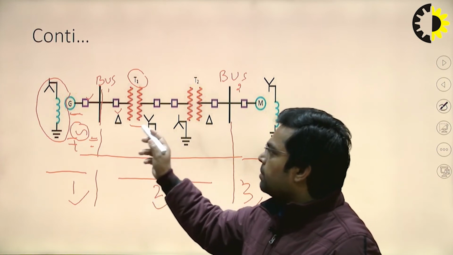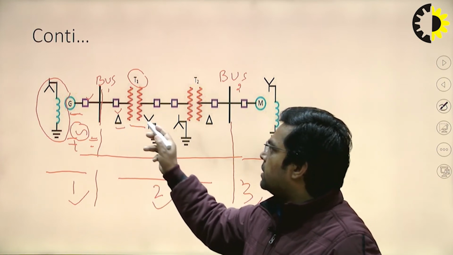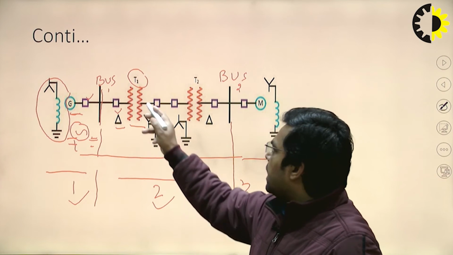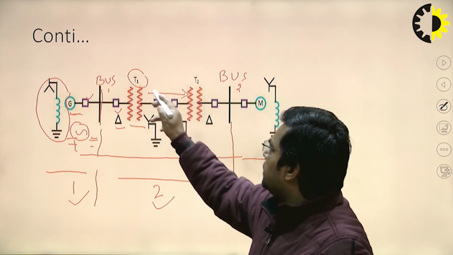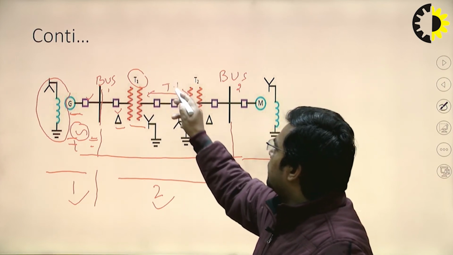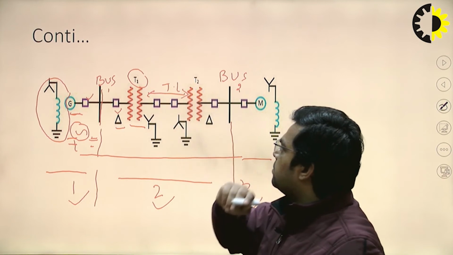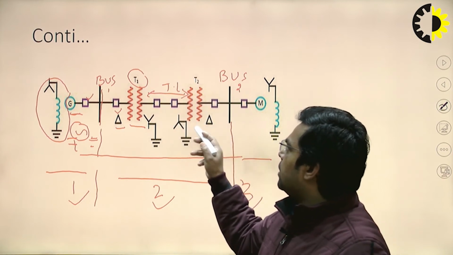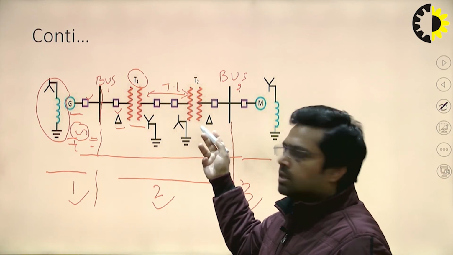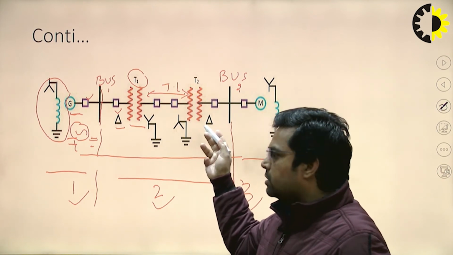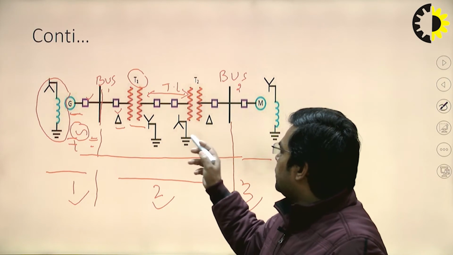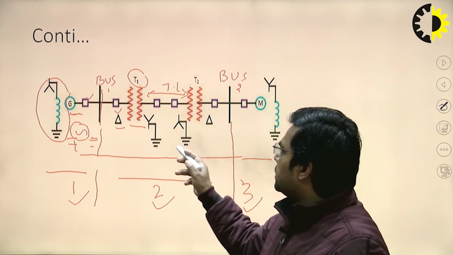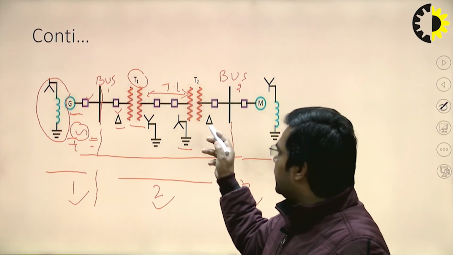Its grounding is delta, star solid grounding, and there is a transmission line between transformer 1 and transformer 2, and transformer 2 is obviously a step down transformer. A step down transformer will be grounded as star solid grounded delta.